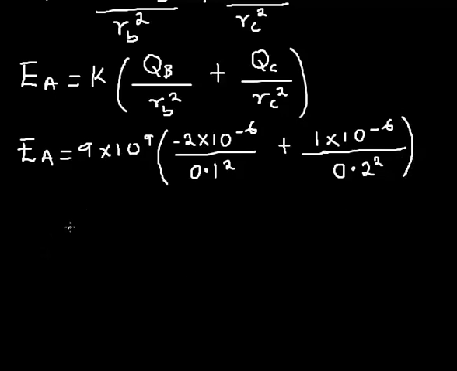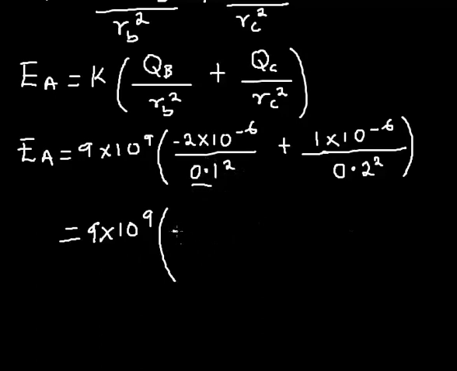Okay, so let's evaluate. I work on the bracket. Here I'm going to have 2 divided by 0.01.